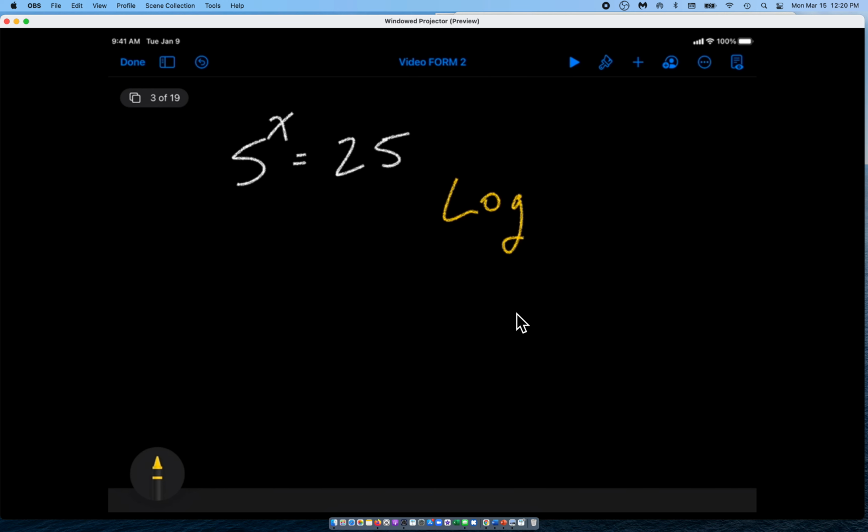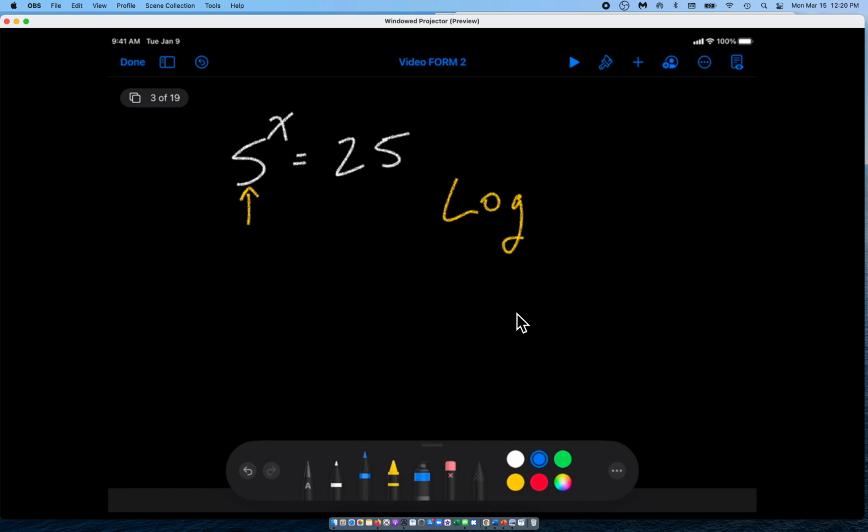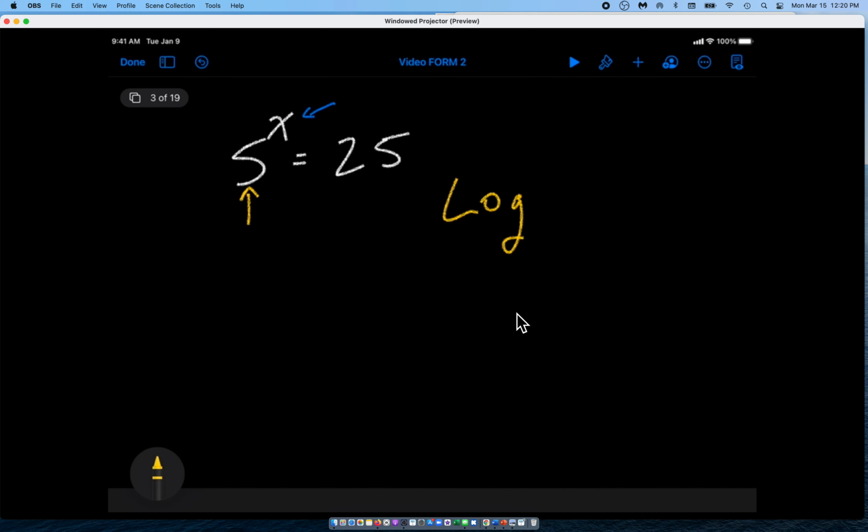The second thing I do is I say, okay, this is the base of the exponential equation. The yellow arrow is the base, and the blue arrow here is the exponent. So in my logarithmic form, I make the base of the log the same as the base in the exponential equation. Then I put an equal sign, and then I envision doing whirlybird.